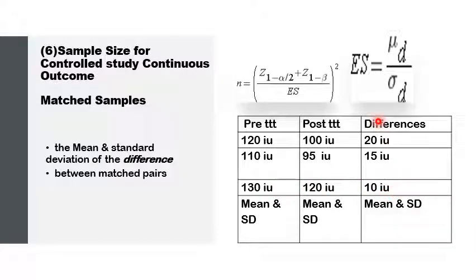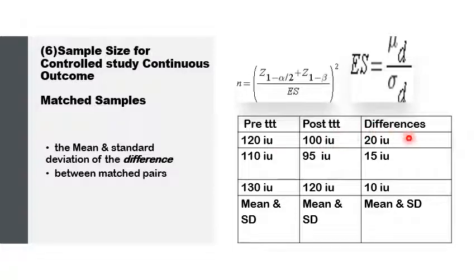And we will base our estimation of the effect size on the differences: the mean of the differences and the standard deviation of the differences. So this would be the mean of the differences rather than the difference of the means, rather than the difference between the two means.